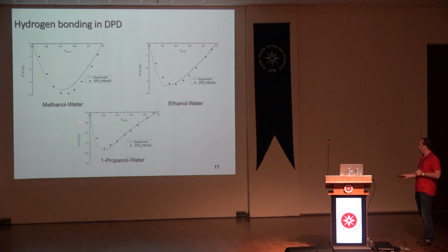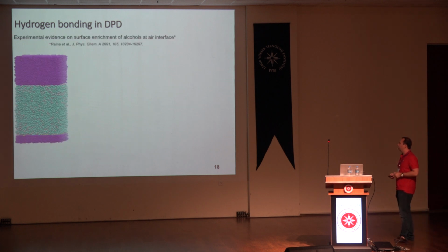Not only are the points predicted, but also the location and shape of the curve, which is dictated by the different bead sizes. I forgot to mention that we take each alcohol molecule and water molecule as one bead.